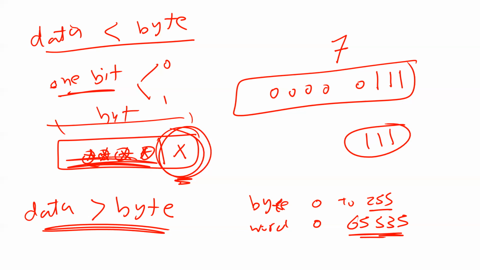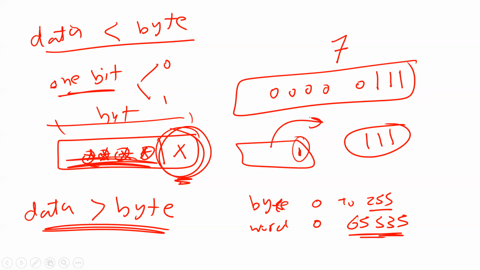Let me explain. Again, we agreed on one thing: every time you read or write, you have to read or write a byte. So when I read a byte, my data is here. I need to check this bit, whether it is 0 or 1. What about the other bits? Don't care about them. When I want to write, I have to create a byte, put my data here, 1 or 0, and then store the byte.